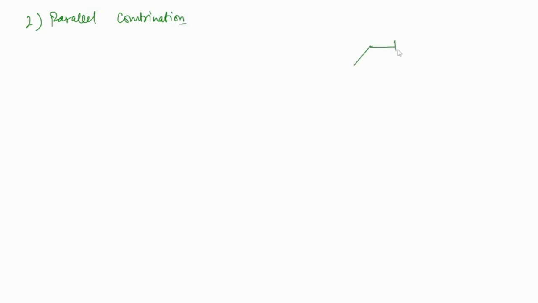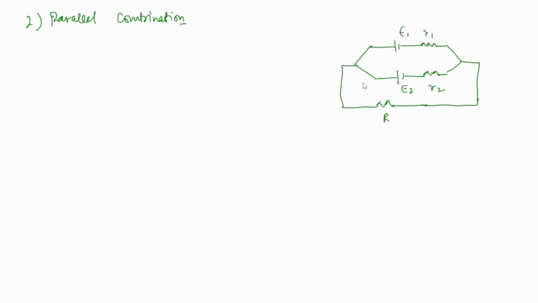We are taking two cells connected in parallel, then the external resistance capital R, E2, R2. Suppose a current I is initiated from here, I1 here and I2 here, and they are coming here, so I is equal to I1 plus I2, and they are passing through it.